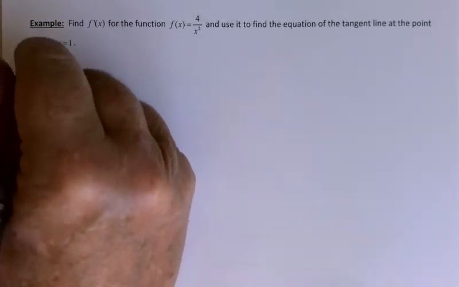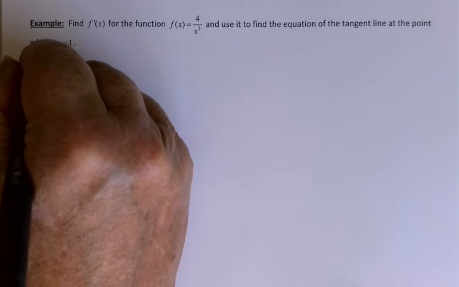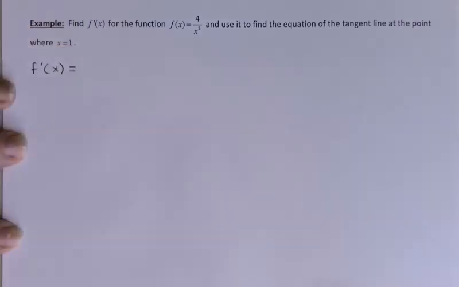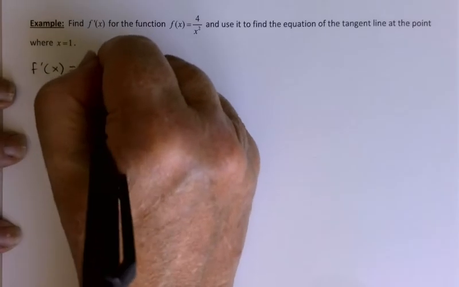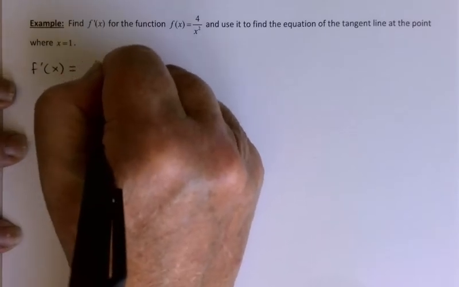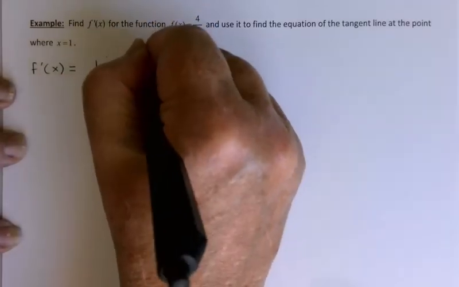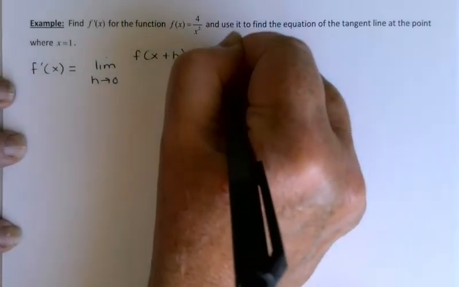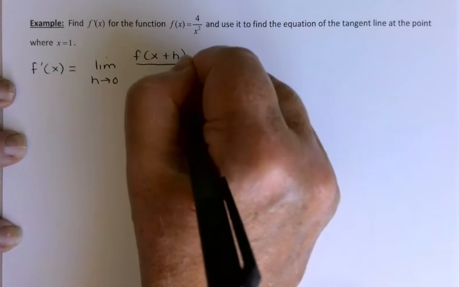So let's see here. I know that f prime of x is equal to the limit as h goes to 0 of f of x plus h minus f of x over h.